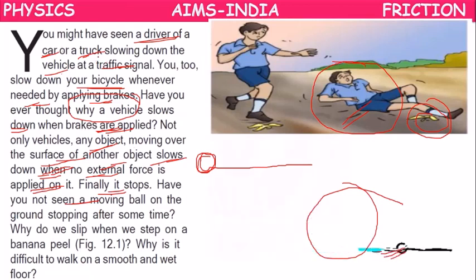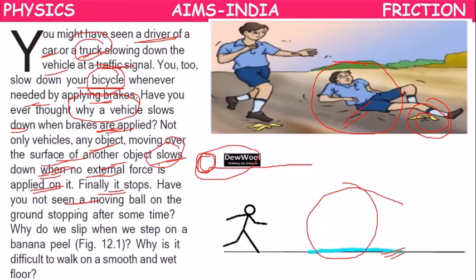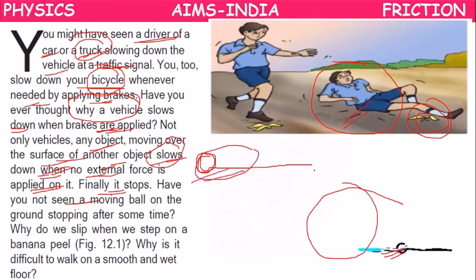We slow down our vehicles, or stop our bicycle by applying brakes, or an object slows down when it is rolling on the ground, or a moving ball stops after rolling for some time, or we fall down when we step on a banana peel, or when we are running on a wet floor.